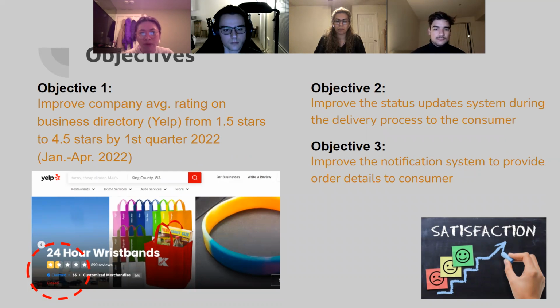We want to improve from 1.5 star to 4.5 star by the first quarter 2022. And our second objective is we want to improve the status update system during the delivery process to the customer. And our third objective is we want to improve the notification system to provide the order details to the consumer.